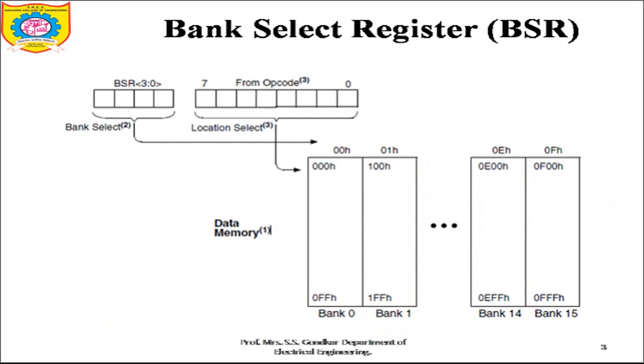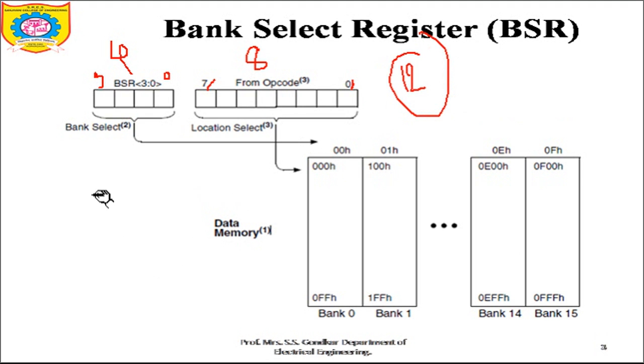Here you can see the nature of the bank select register. As I told you, it is a 12-bit register. You can see here from 0 to 7, these are 8 bits, and from 0 to 3, these are 4 bits. 8 plus 4 is 12.